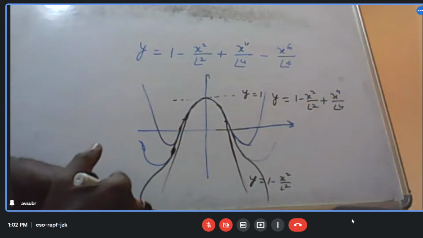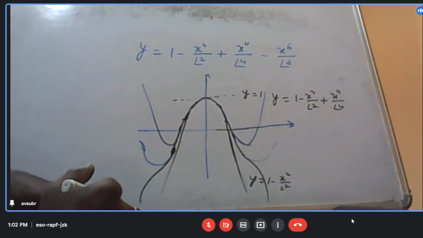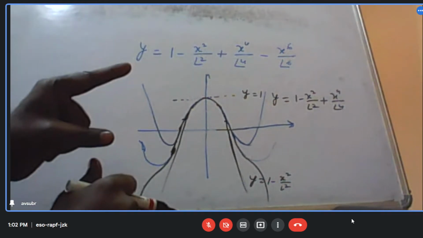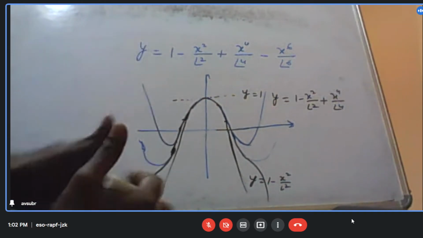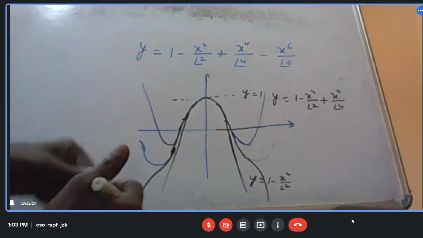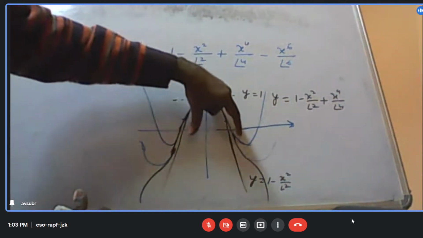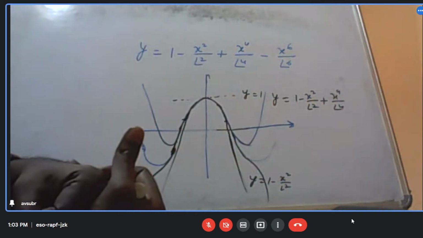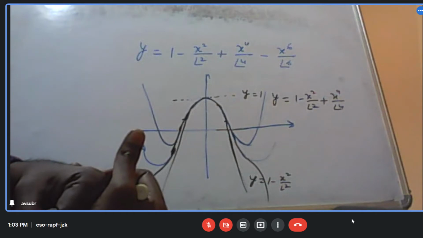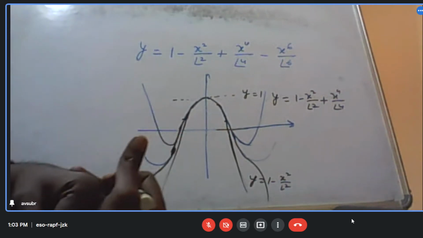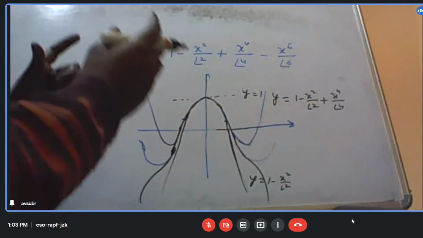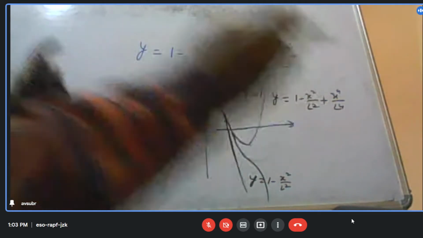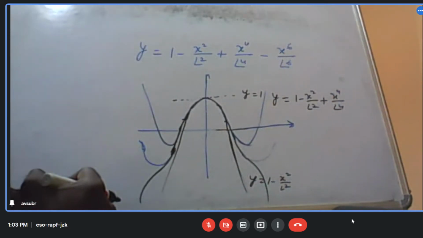Yes, I am able to increase the distance from x equal to 0 with better accuracy of cos. So my accuracy is increasing more and more, and farther and farther away from x equal to 0.